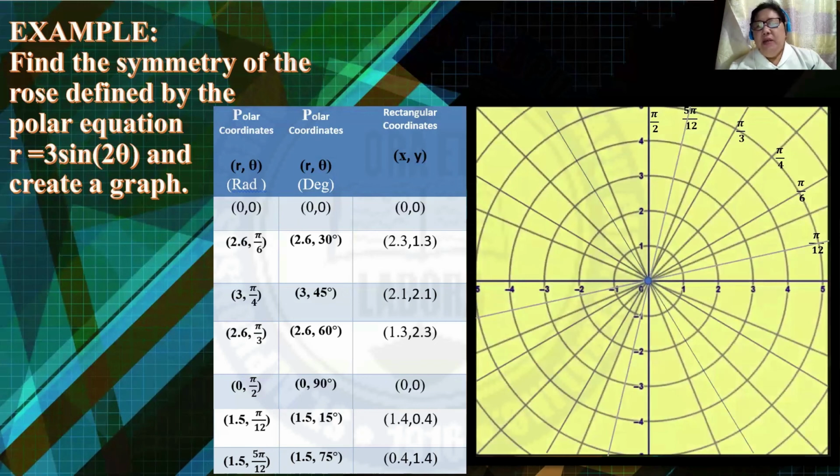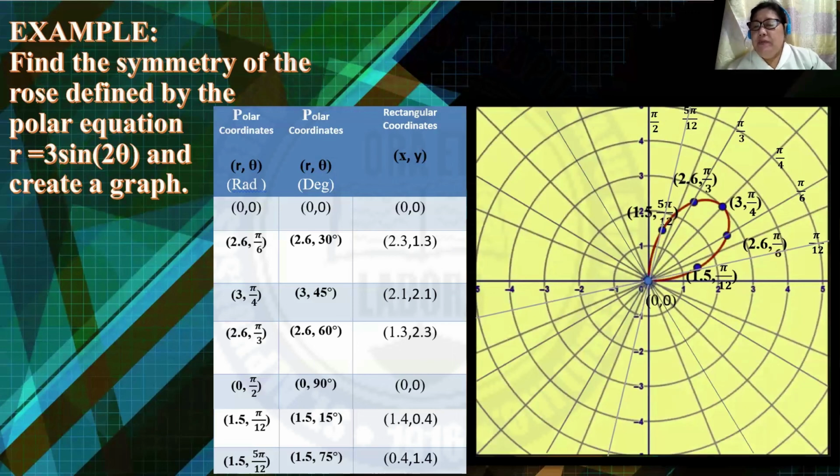Let us have now the point with coordinates 0, 0. Then the point 3, pi over 4. 2.6, pi over 6. 2.6, pi over 3. Then 1.5, 5 pi over 12 and 1.5, pi over 12. Then connect the points, you will have a single petal.